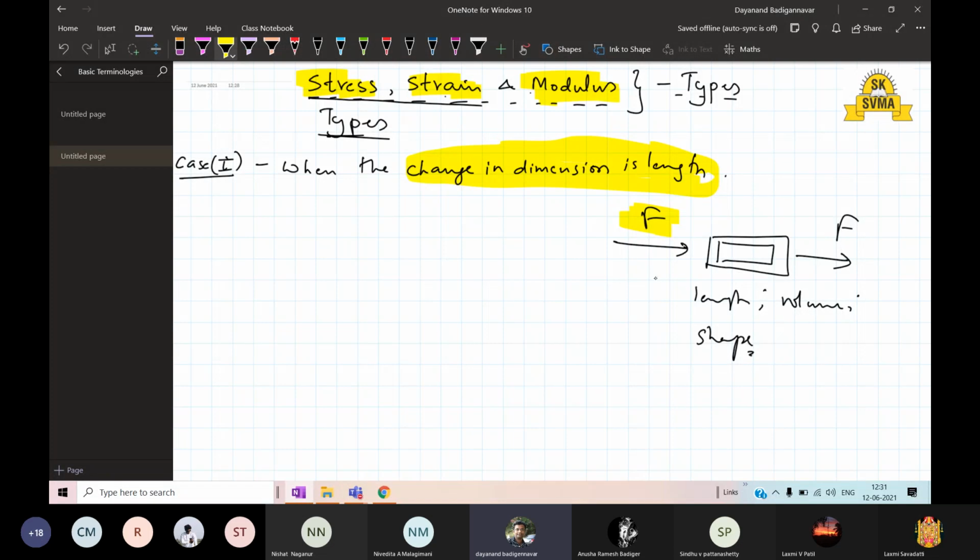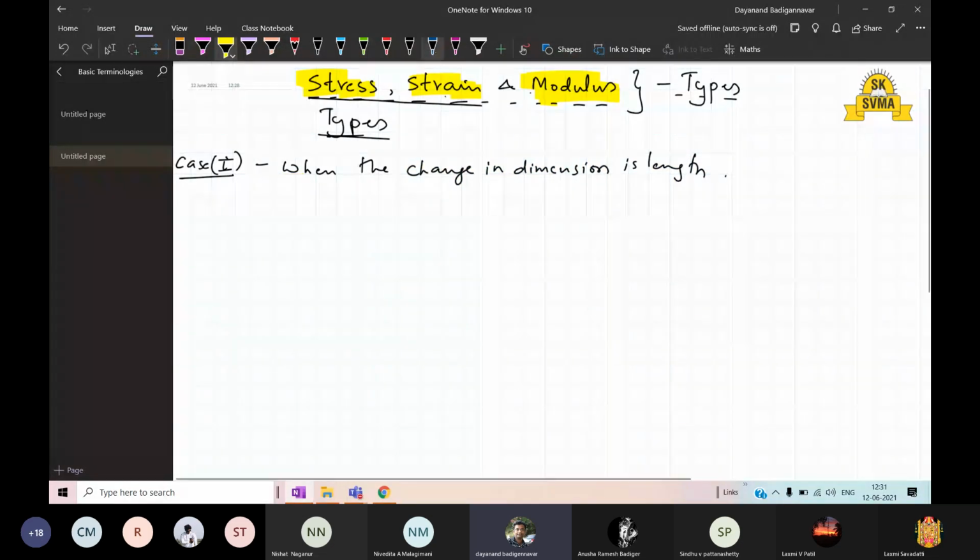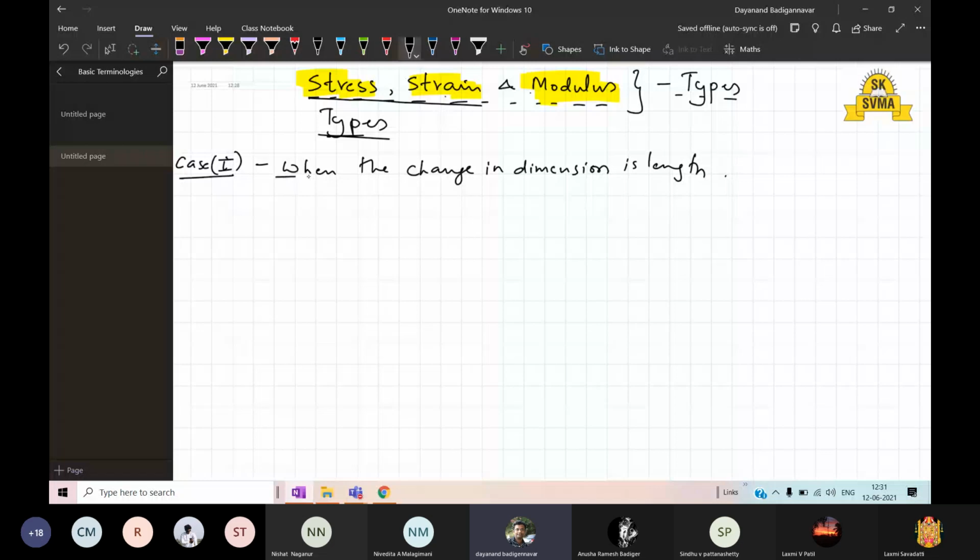So therefore I have to take a system where there is a change in the length. Got it? So let us take an example of a wire. I have a metallic wire like this, having a certain length. Why? Because it is easy.